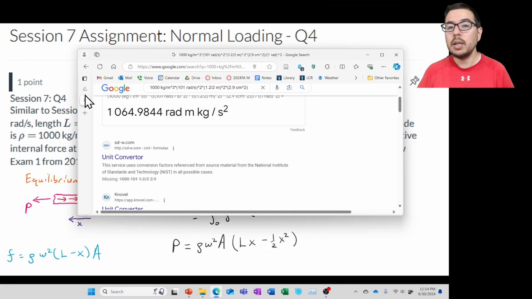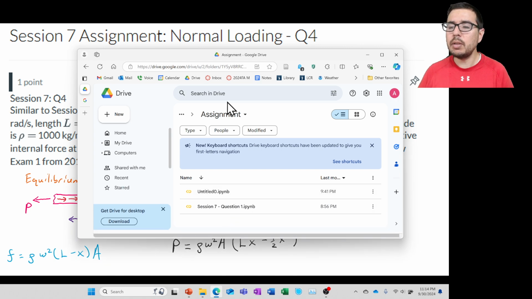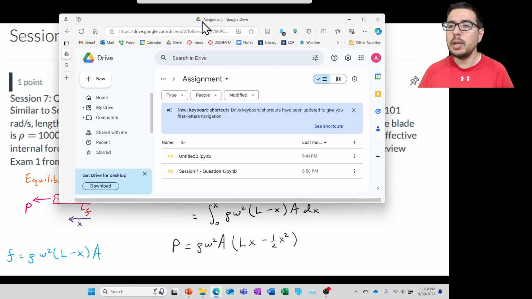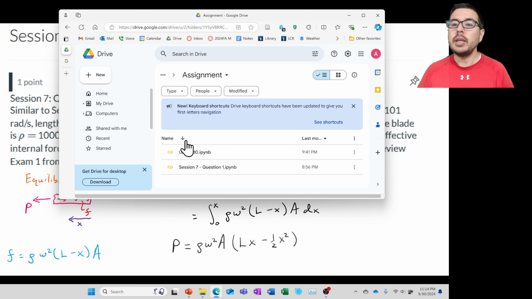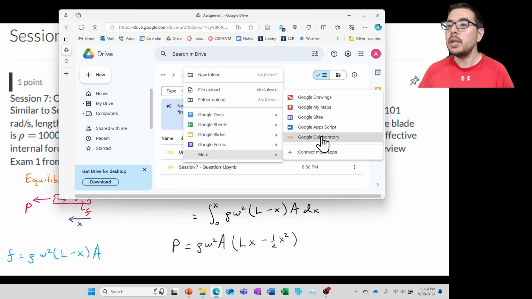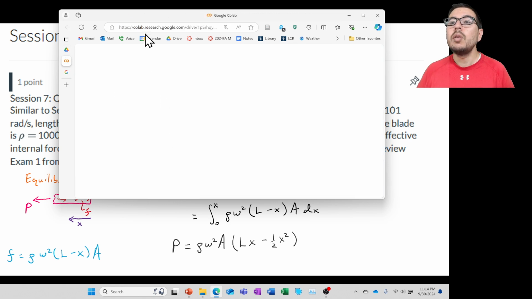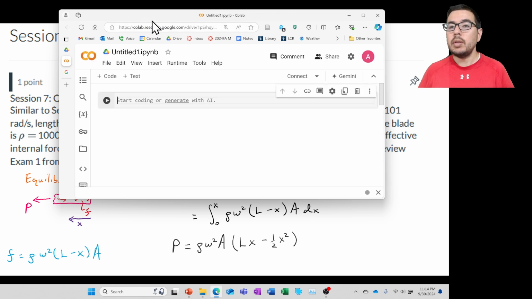Last time we did some work in Google, but because now these problems are building up, it's probably nice if we go ahead and have a script that we can keep using and extending.